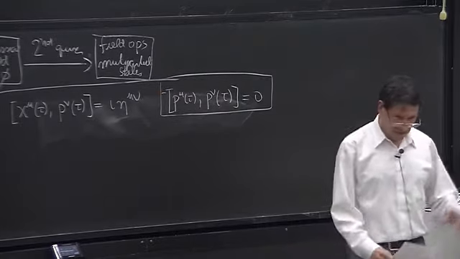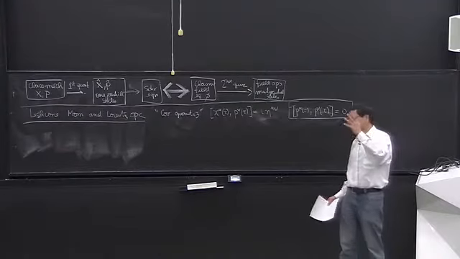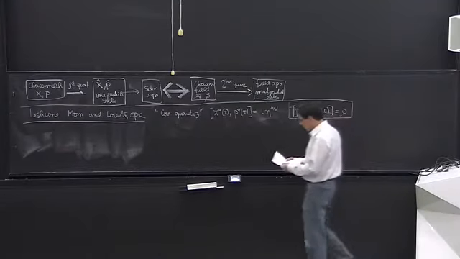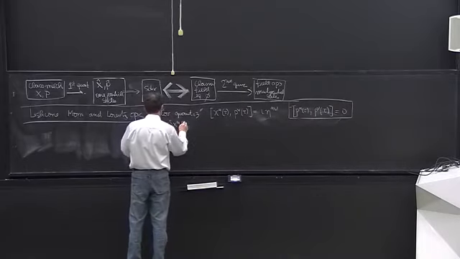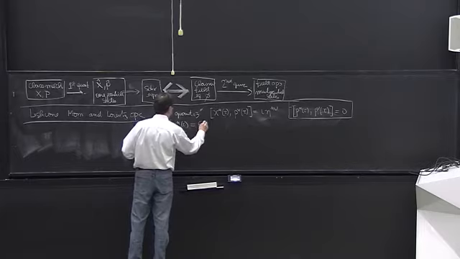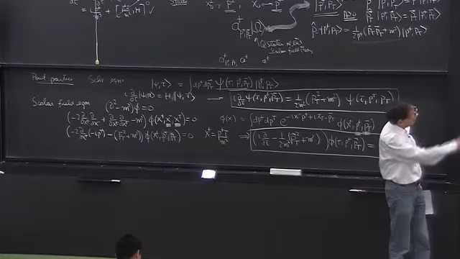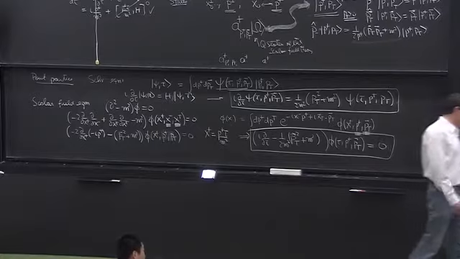Now, if momenta generate translations, they better commute. So how do momenta generate translations? Delta x mu of tau, say, equal to epsilon mu. In a quantum theory, any symmetry transformation like this, the translations of a free point particle, is generated by commutators.